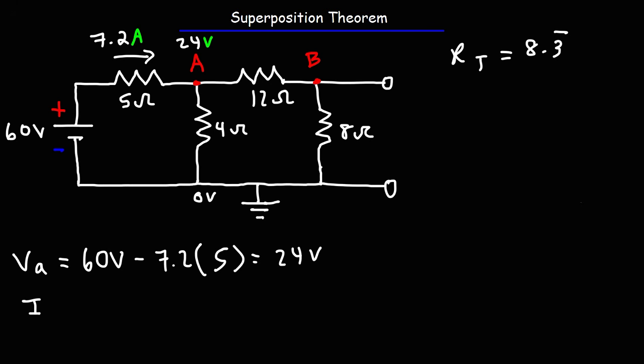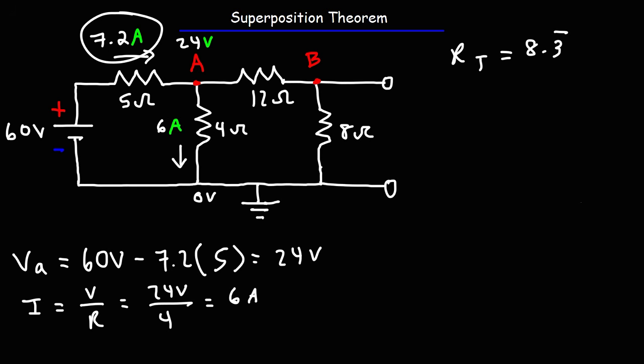So that current is going to be the voltage across the 4 ohm resistor divided by the resistance. The voltage across it is 24 volts divided by 4 ohms. And so that gives us a current of 6 amps flowing in that direction. Now, if we subtract these two currents, 7.2 minus 6, that'll give us the current flowing from point A to point B, which is 1.2 amps.